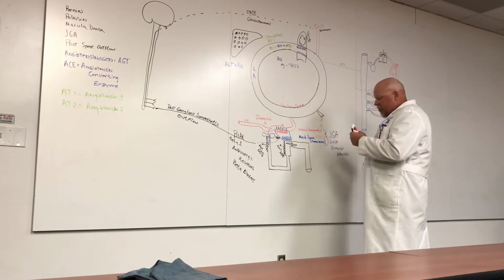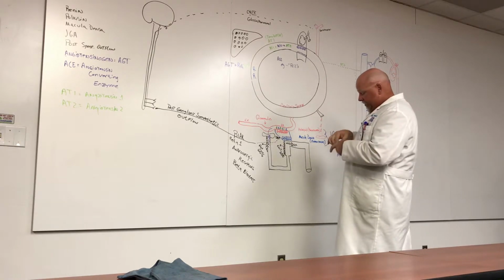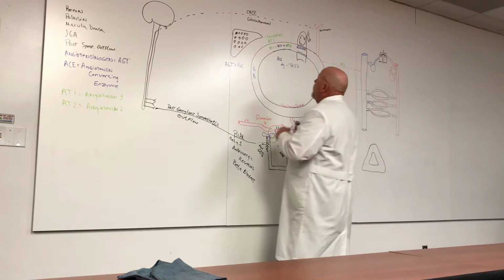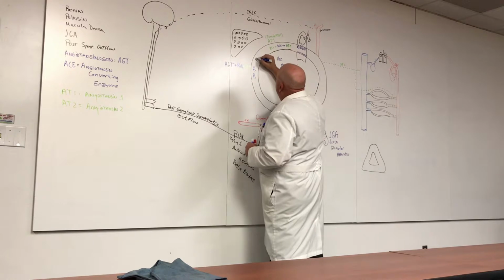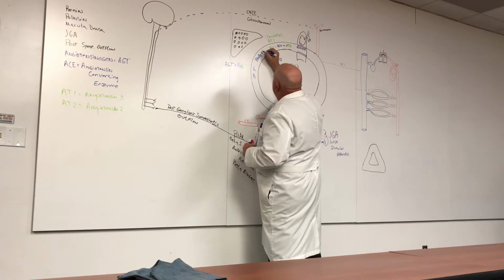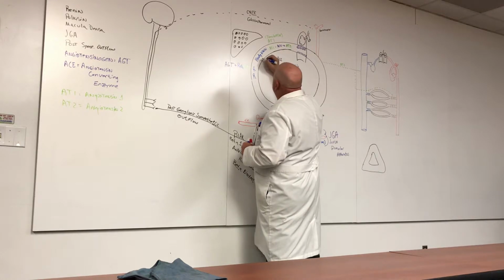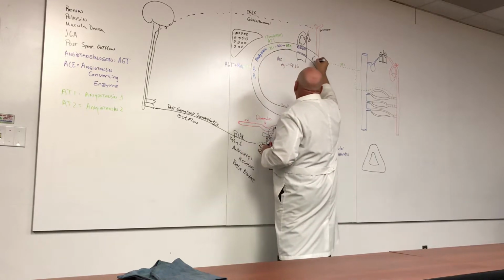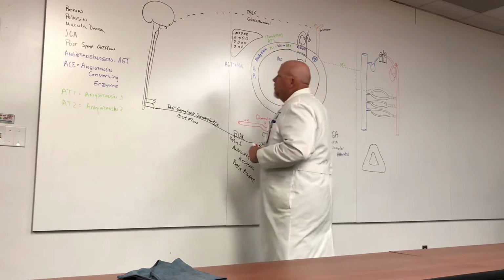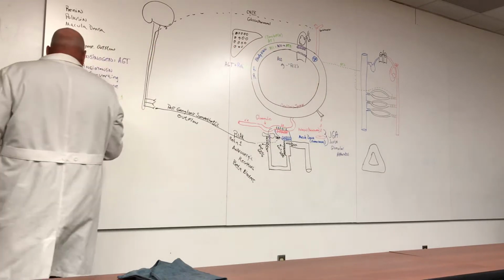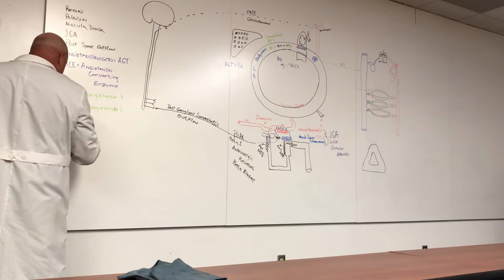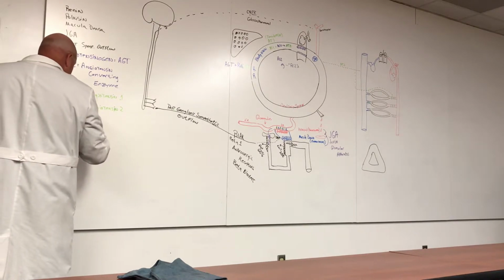Okay, so ACE also will do what? We have a protein in our blood called bradykinin. Okay, so bradykinin is a what? It's a protein, but what is it?